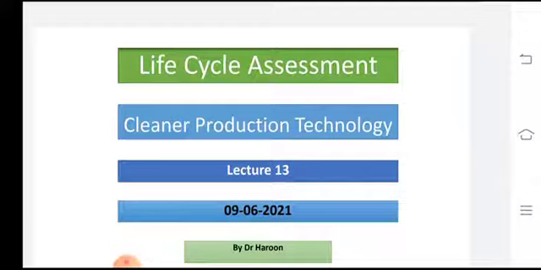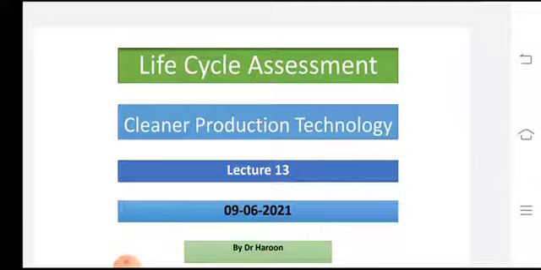As we proceed in today's lecture, you will observe what the basic steps are to conduct this kind of assessment, what is important to obtain this certification, and what the significance of obtaining this certification is. So we should know the purpose of conducting this life cycle assessment, because it has different grades.